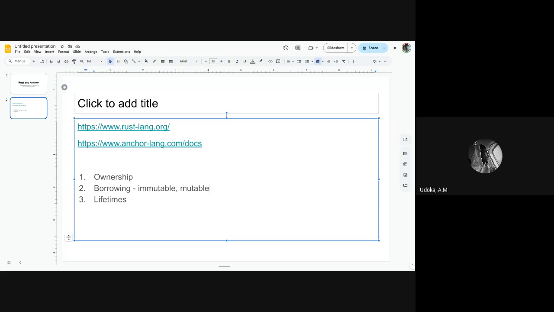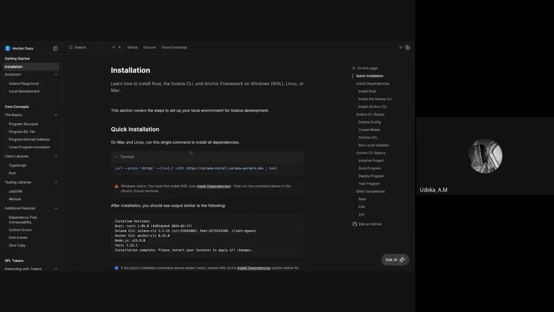Quickly, since we're not going to be writing vanilla Rust, you might not necessarily need to understand all of them in detail, because we use Anchor for writing Rust on Solana. Anchor is a framework. It's like React for JavaScript and CSS.